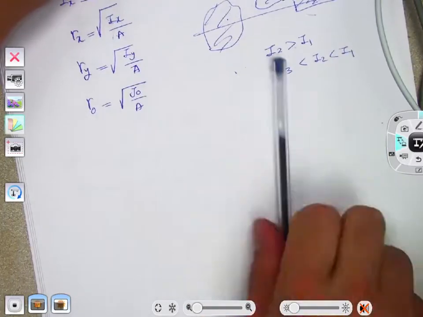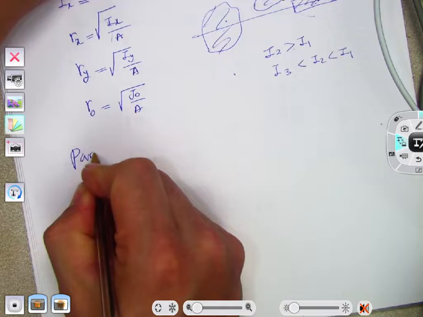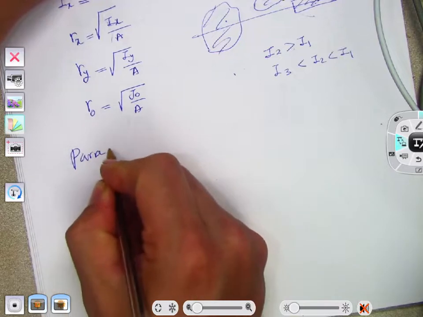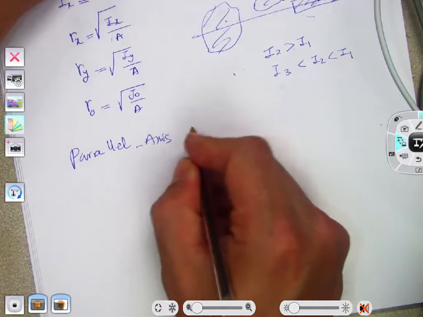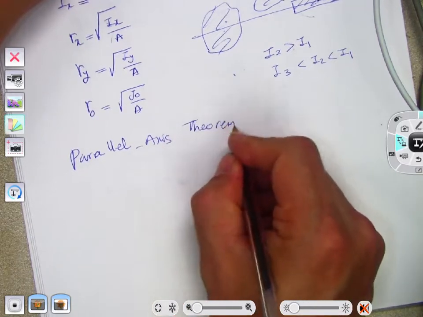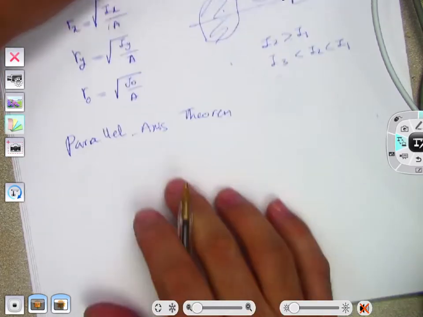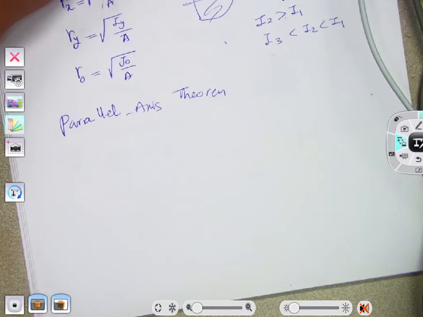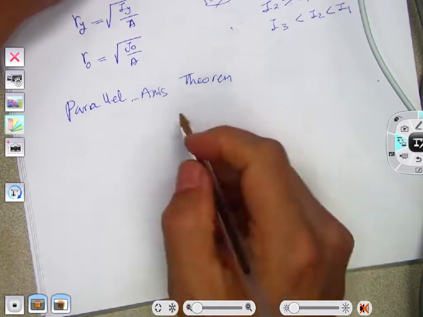Okay, next thing I'm going to talk about is parallel axis theorem. Again, this is completely mathematical, geometrical discussion here.